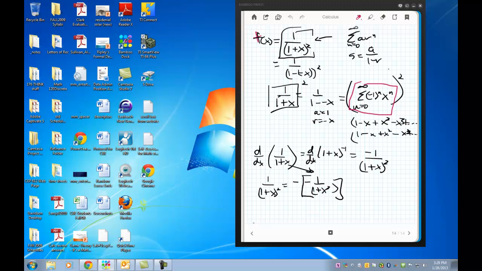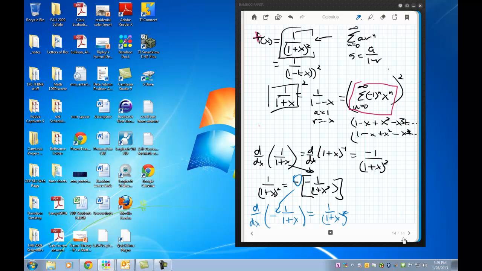If I just do a quick little algebraic extension, I know that the derivative with respect to x of negative 1 over 1 plus x, where this negative turned into this negative because I want to account for it, is equal to 1 over 1 plus x squared.